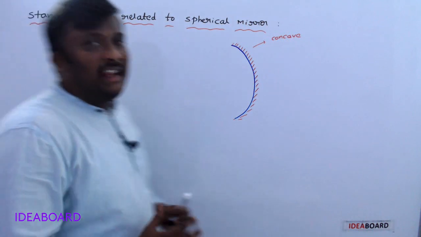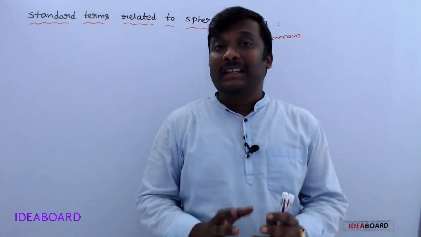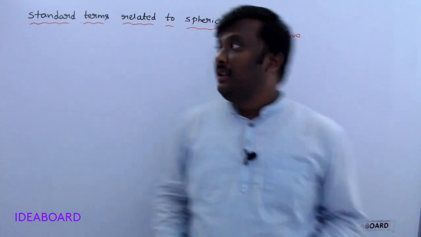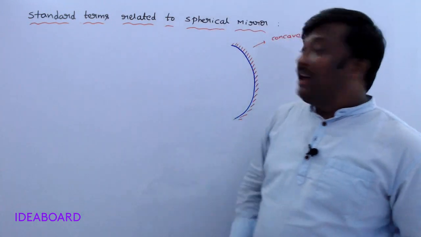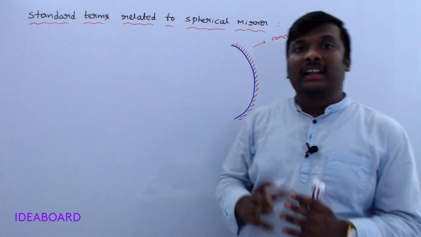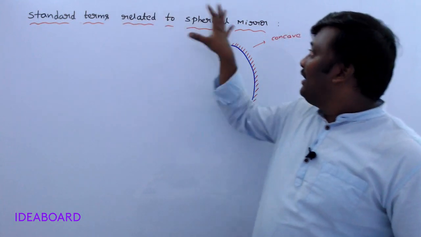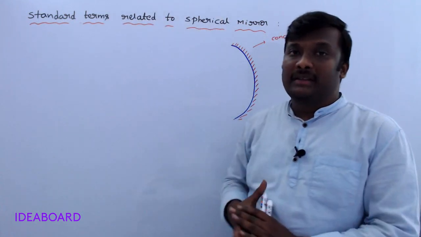For analysis of the image formed by the mirror, we require some standard terms. Those standard terms are the same for both the concave mirror and the convex mirror. These terms are related to both spherical mirrors.